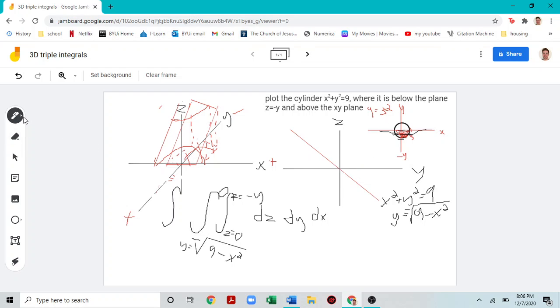As we can see, it's just going to be from this point to this line. The lower bound is on the left, the upper bound is on the right. That's going to be from negative 3, because that's the radius, to 3. If you can't read this, it's from negative 3 to 3 for the dx.